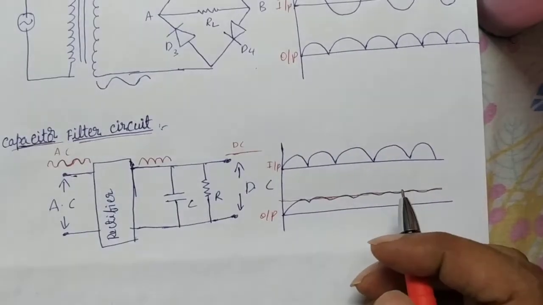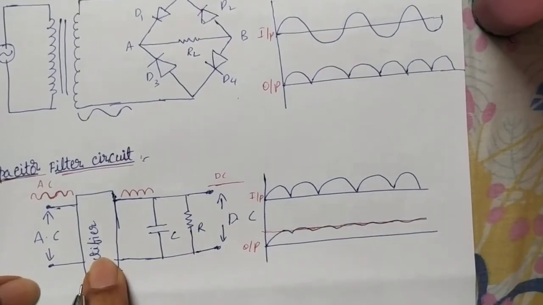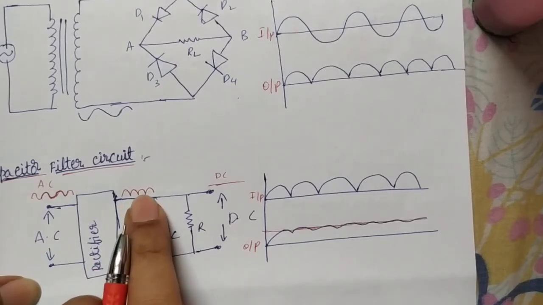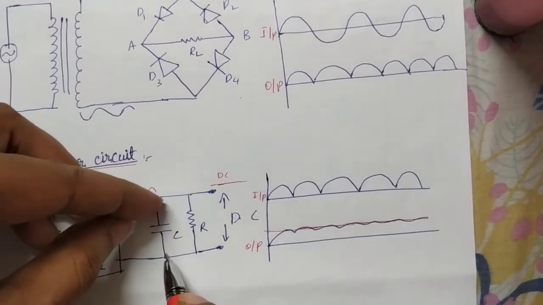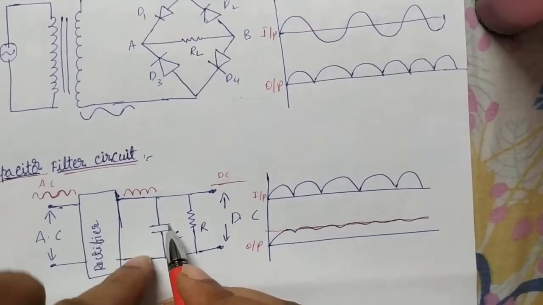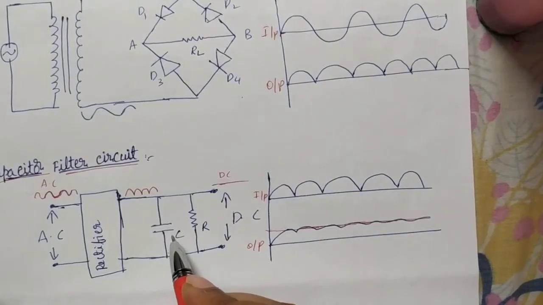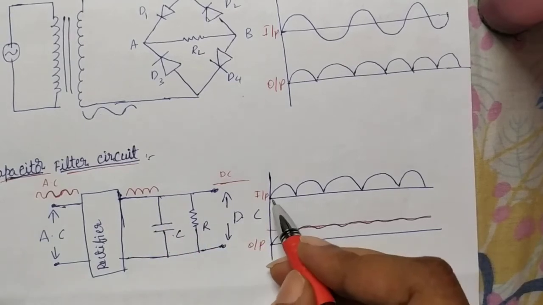So here, AC is there, and after the full wave rectifier you get pulses like this, which pass through the capacitor. Whenever it passes through the capacitor, this side becomes positively charged and this side negatively charged. But it takes a long time, and the pulse is not allowed long enough to charge it, because immediately it falls down. Then it tries to discharge. Again it rises here and tries to charge.